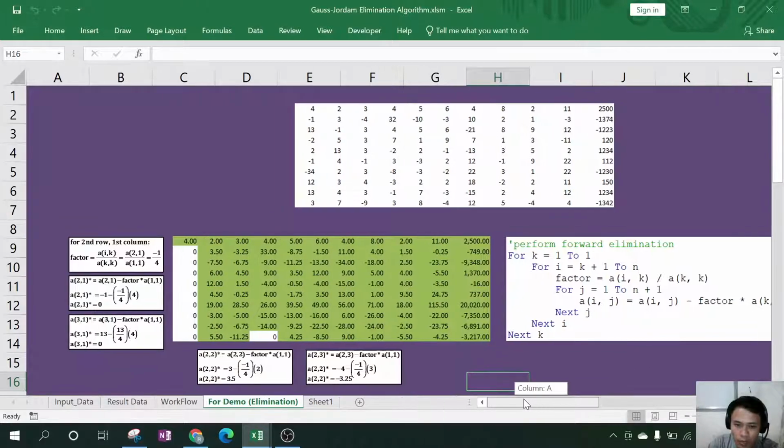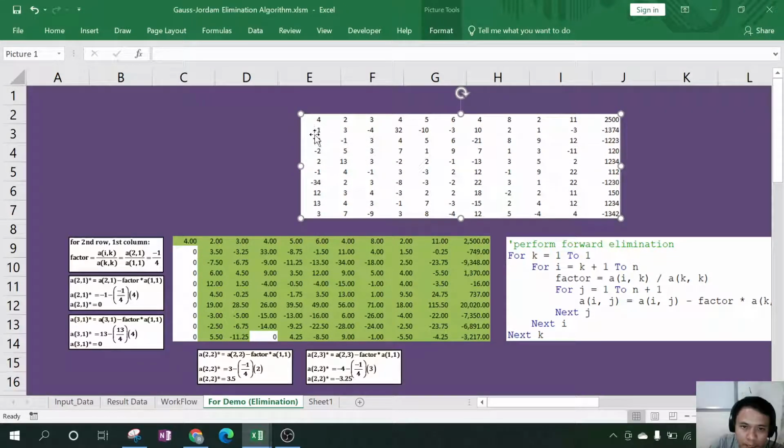So how to do that is that I presented it here. For the second row, first column, or on our matrix, A21, it is here. Then as you can see in our data, on the second row, first column, that is negative 1.